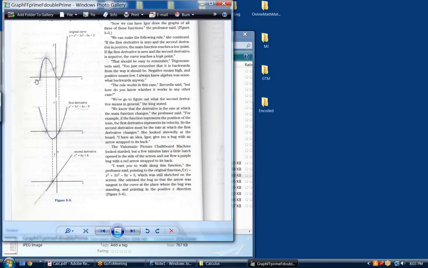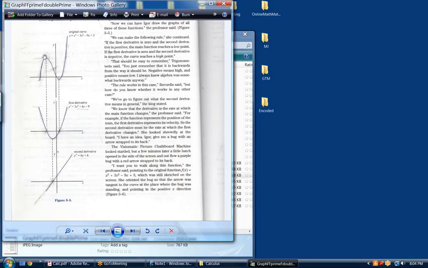It's helpful. This is the function. This is the first derivative. This is the second derivative. The key things are, if the function is increasing, the first derivative has to be in positive territory. You can see the first derivative is in positive territory. It's decreasing, but it's in positive territory. As the function hits a local maximum, the first derivative is going to be 0.